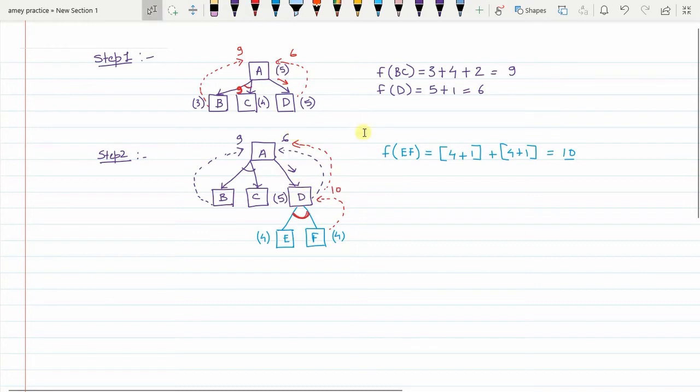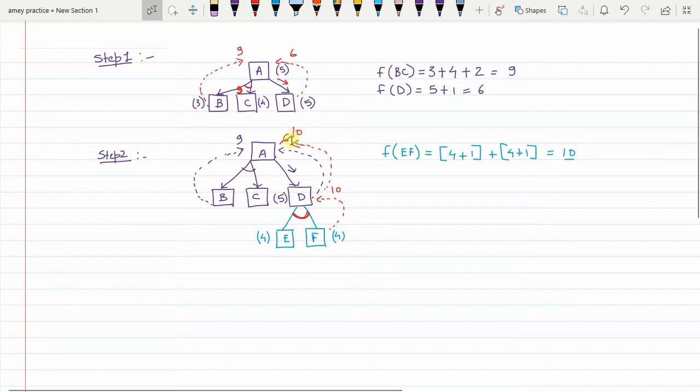So the previous F value that it was giving up is cancelled, and it is overwritten with the current value, that is 10. It simply means that if the algorithm decides to expand D, expand through this EF, the backup value that you get is 10, right?